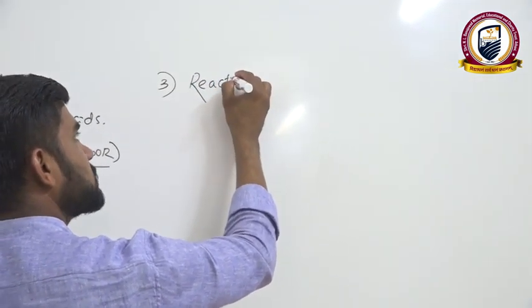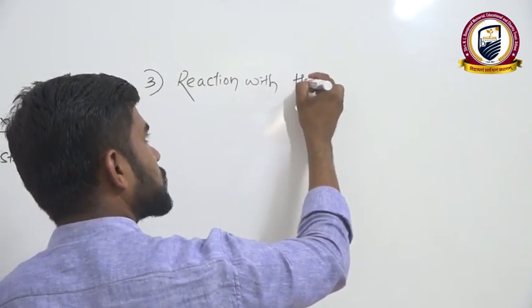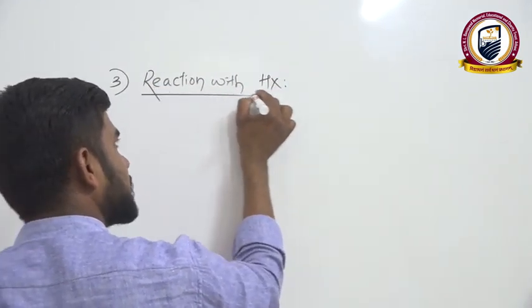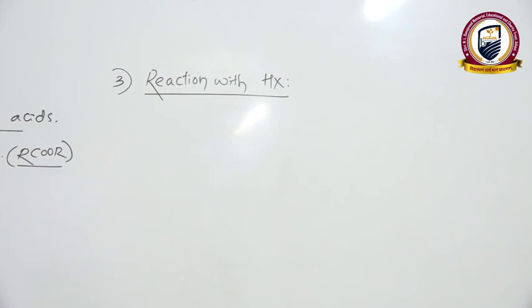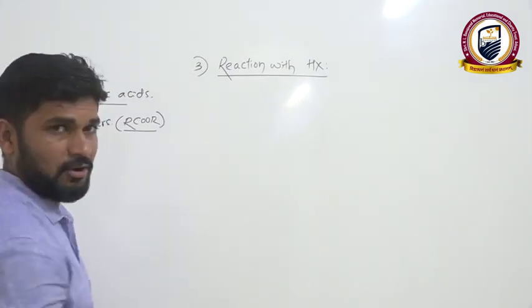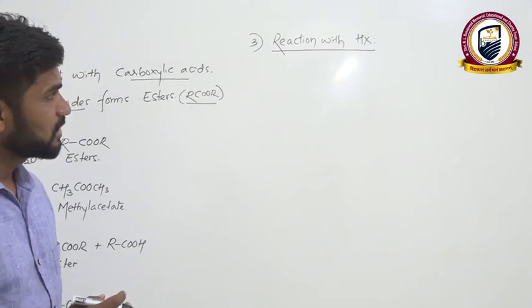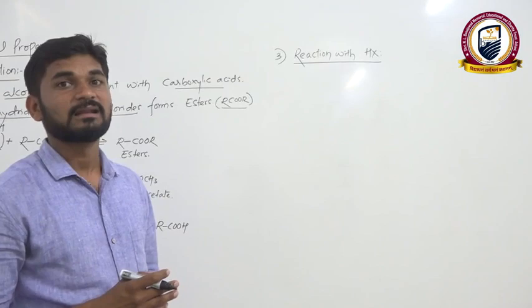Reaction of alcohols with hydrogen halides, commonly written as HX, where HX is called hydrogen halides. When alcohols are treated with hydrogen halide in the presence of anhydrous zinc chloride, there is a formation of alkyl halides.